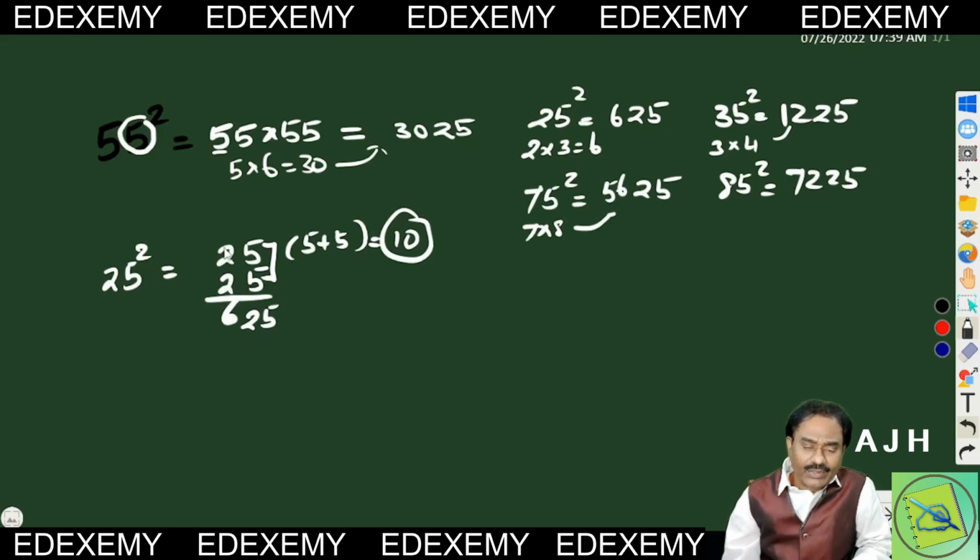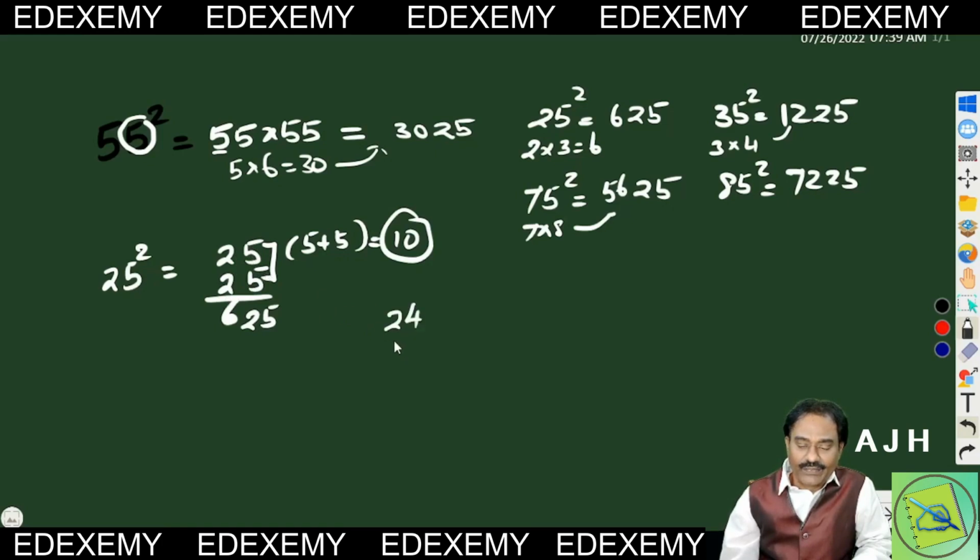Now we will calculate in another way. If any 2 numbers in which the sum of the unit digits equals 10, will this trick work out? Let us find.